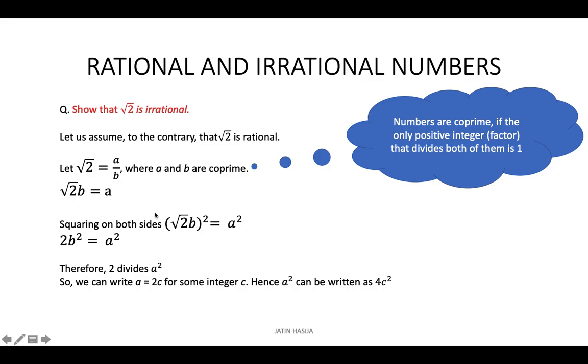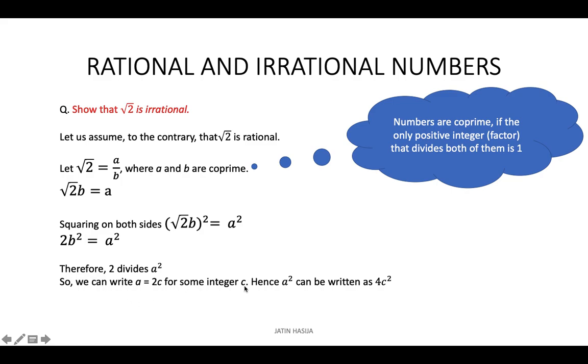Now, why am I doing this? I am doing this because from this equation we get b square is equal to a square upon 2. If a square can be divided by 2, hence a can also be divided by 2.